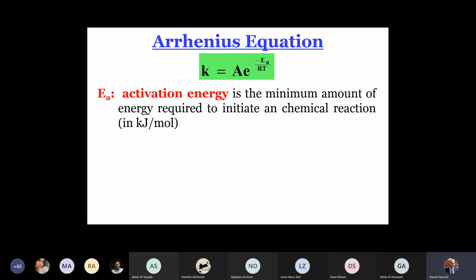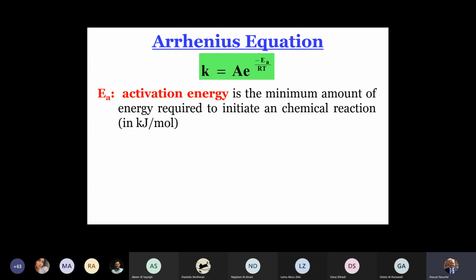That means this reaction would not proceed if the collisions between particles did not give minimum 35 kilojoule per mole. It needs at least 35 kilojoule per mole. So if the collisions release or give 30 kilojoule per mole and not 35, this reaction would not proceed.